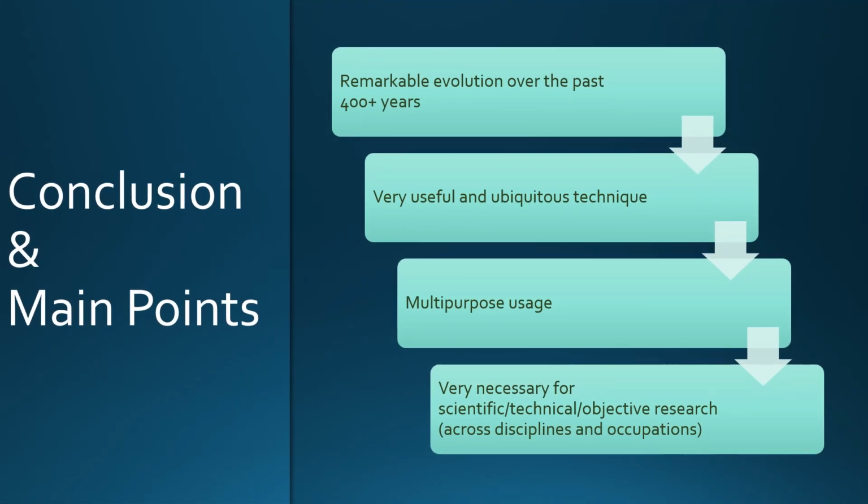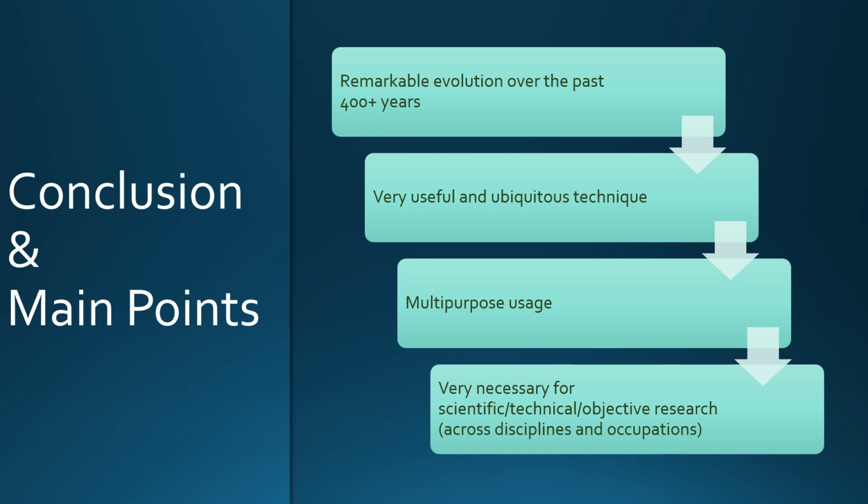So, in conclusion, microscopes have come a long way over the past 400 plus years of their development. They are very useful and ubiquitous, meaning they are all over the place. They are very widespread. Their usage is so multifaceted, multi-purpose.